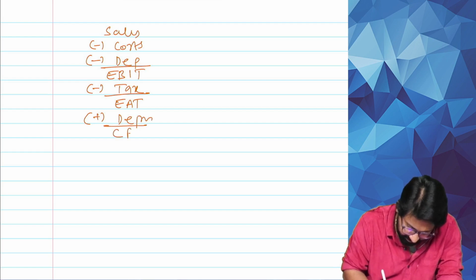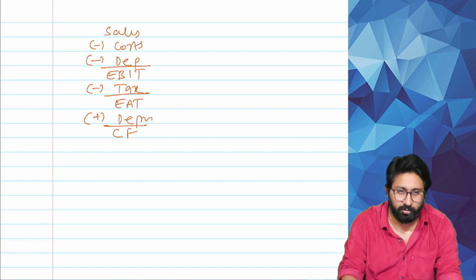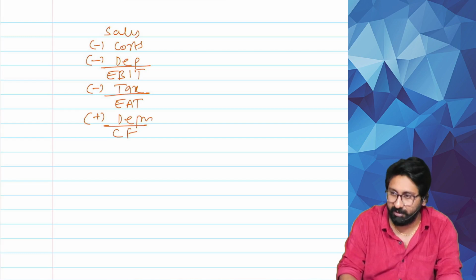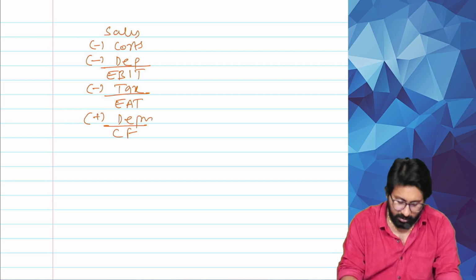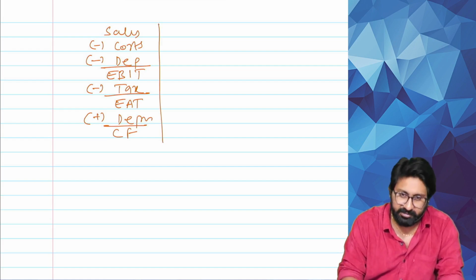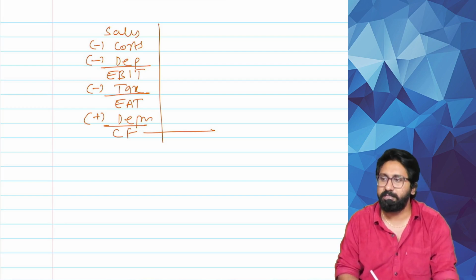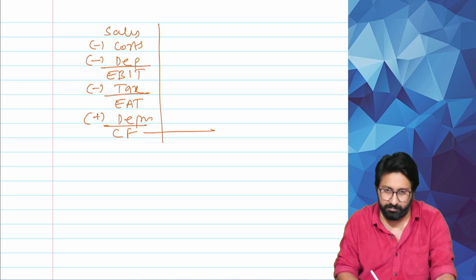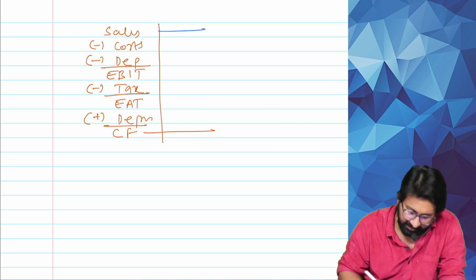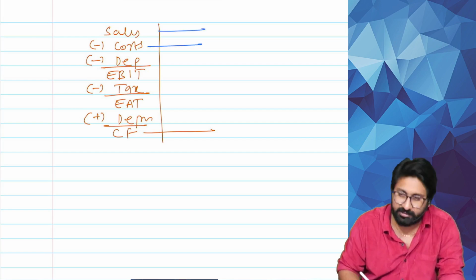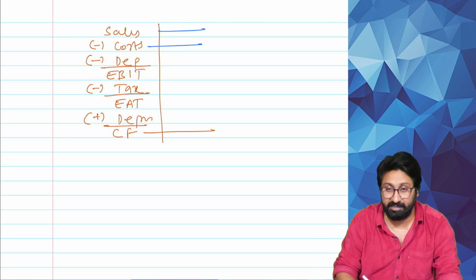Plus depreciation gives cash flow. This is the cash flow of a particular project for a particular year. Listen carefully please. What they say is that cash flow is made up of various items. Cash flow will come because of sales, because of costs, because of tax saving on depreciation.